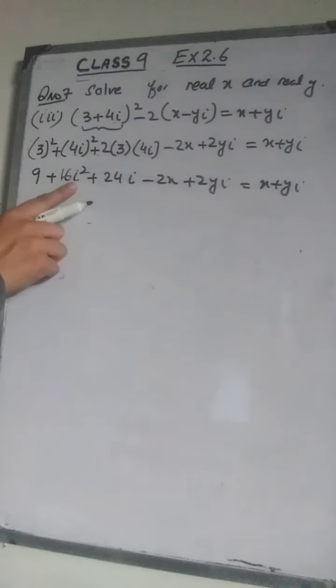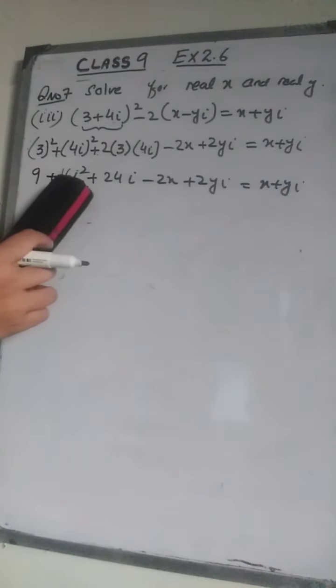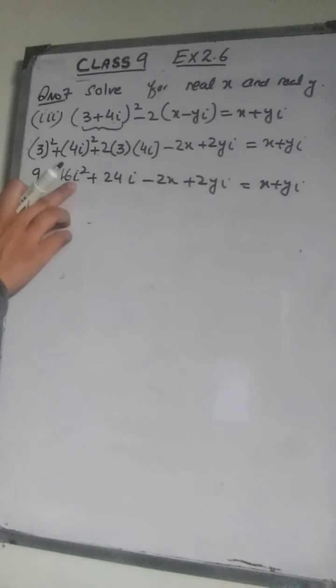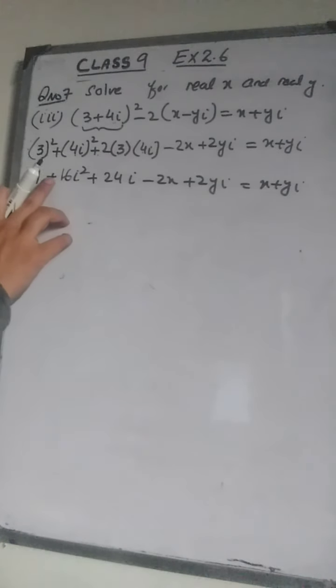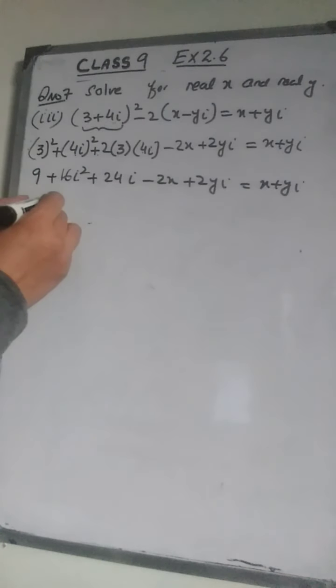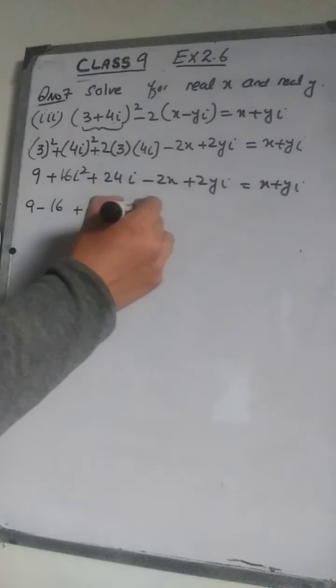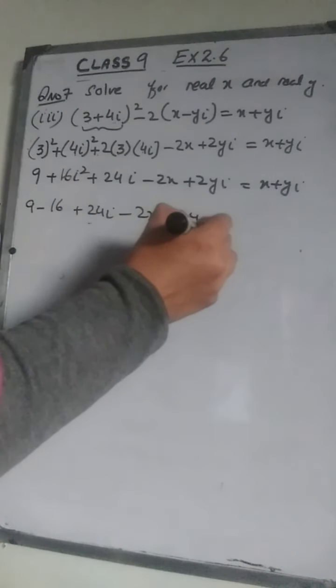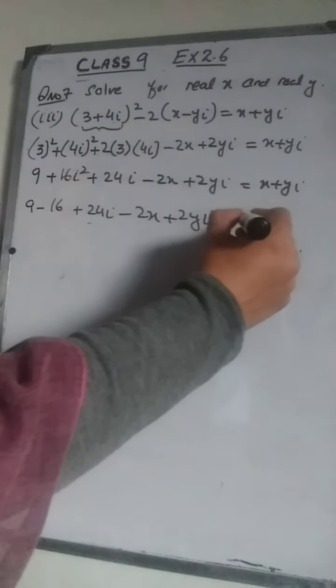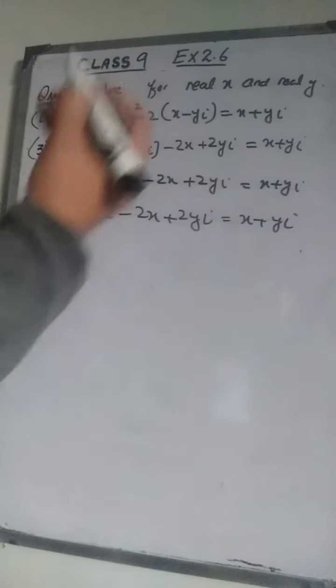Now iota square is equal to minus 1. Putting the value of minus 1 here, it will convert this sign into negative sign. Minus plus will be minus 16 plus 24 iota minus 2x plus 2y iota is equal to x plus y iota.